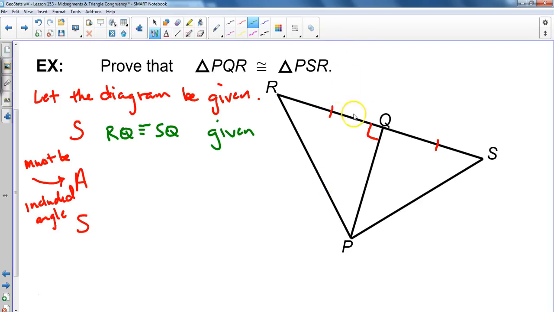The next thing I need to use is the given information that this is 90, but I also need to reason that this is 90 as well. So the first thing I'm going to do is give the angle argument. Angle RQP is congruent to angle SQP.